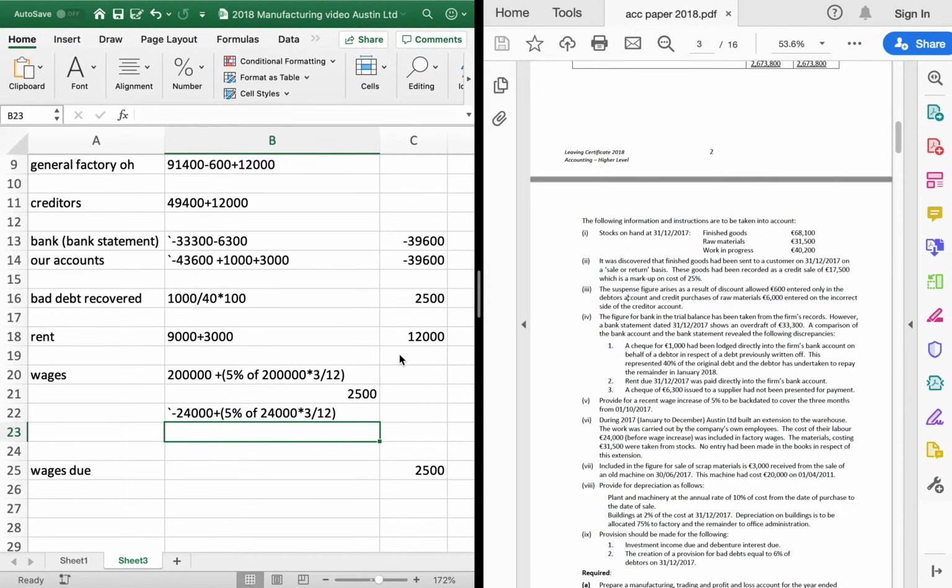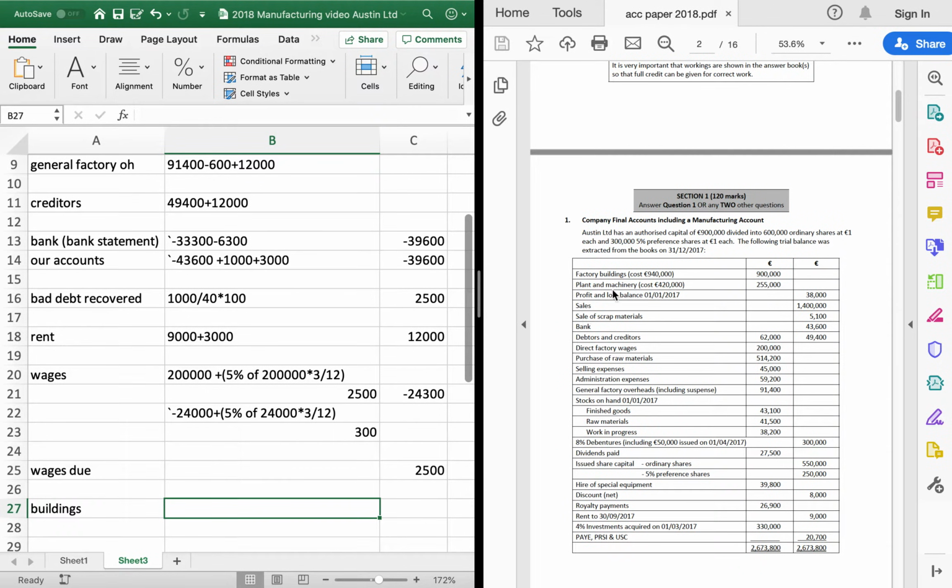Okay, so that'll be 300 euros. So in effect, we have to take out 24,300 further out of wages. So I'm just going to put that there. So it's 200,000 plus 2,500 minus 24,300. It gets taken out of wages and it gets moved into buildings because it was used to build a building. It's not used to run your business.